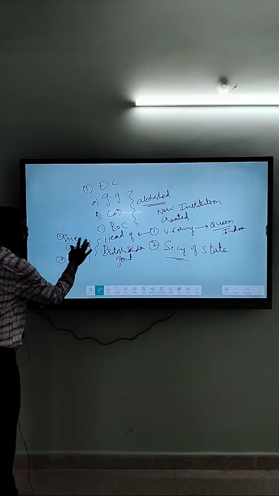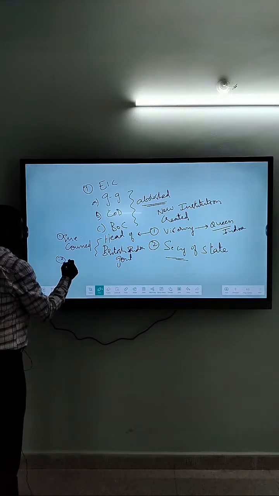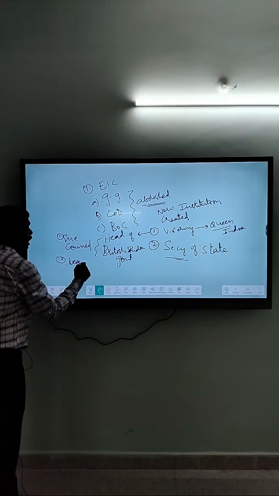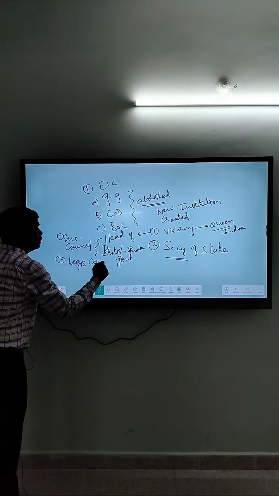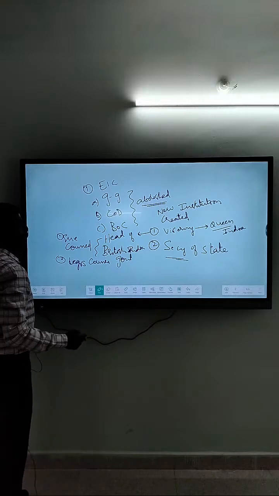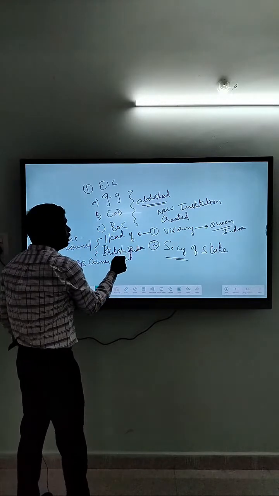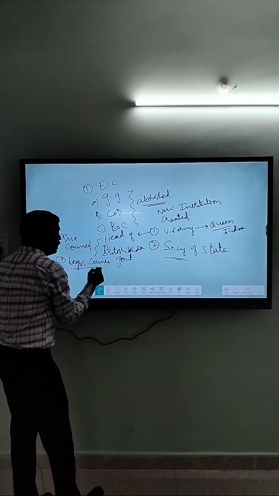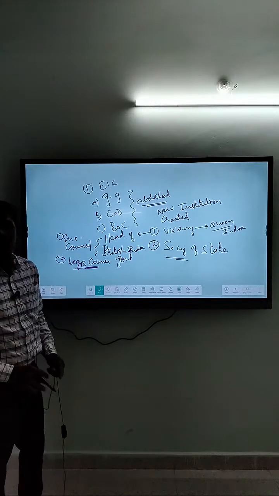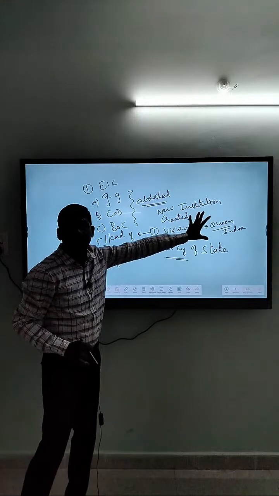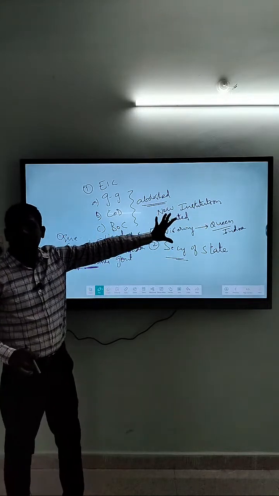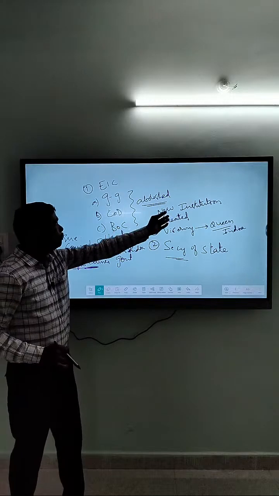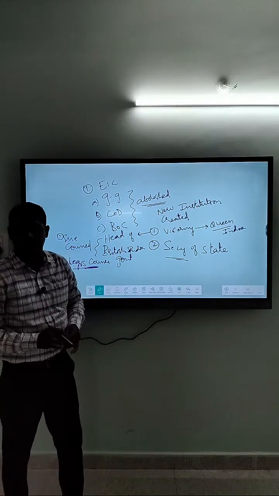He is supported by the Executive Council and Legislative Council. So the Viceroy is the head of the British India government in India. He has his own Executive Council as well as Legislative Council. This is the setup that was introduced by the 1858 Act.